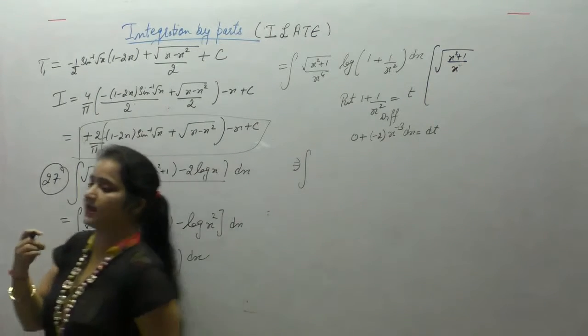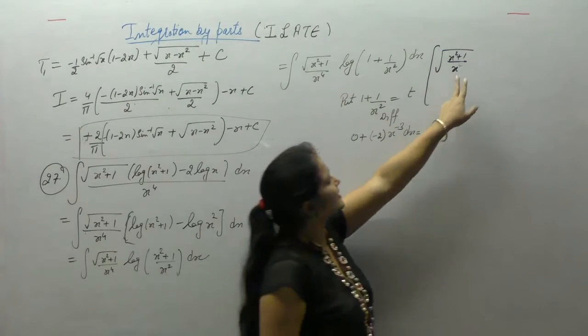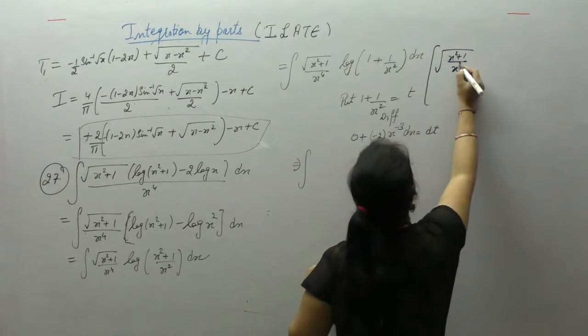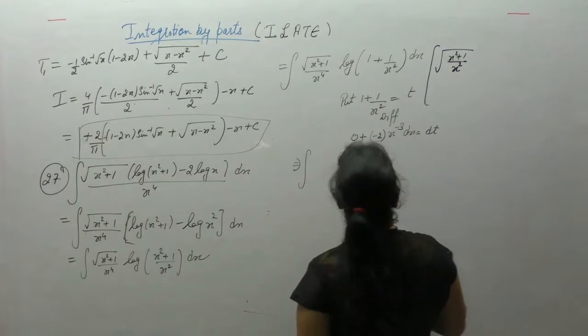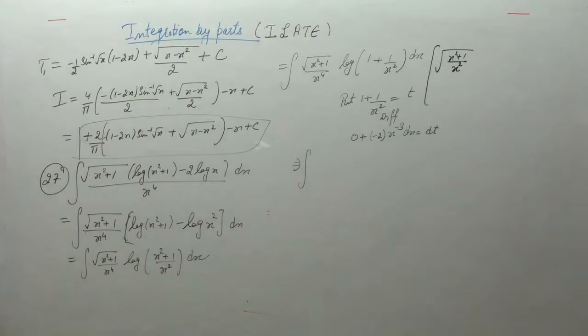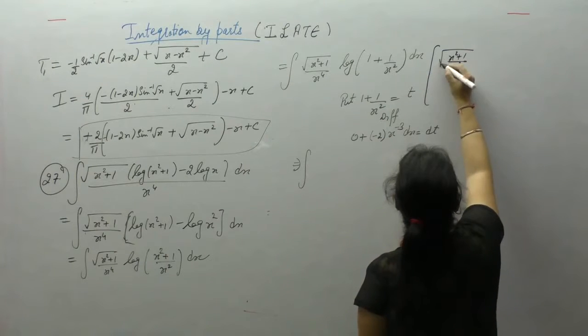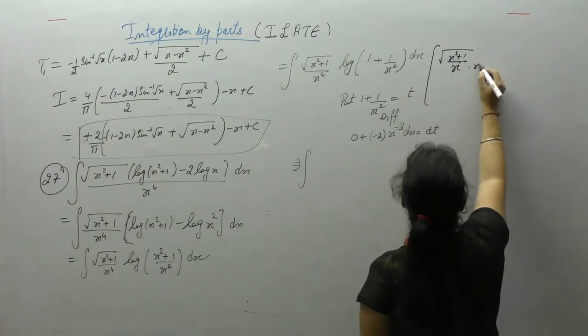If we want to write x4 in the square root, we write it as x square. We can write x4 as x square square.